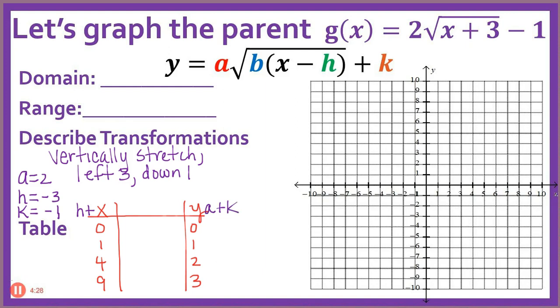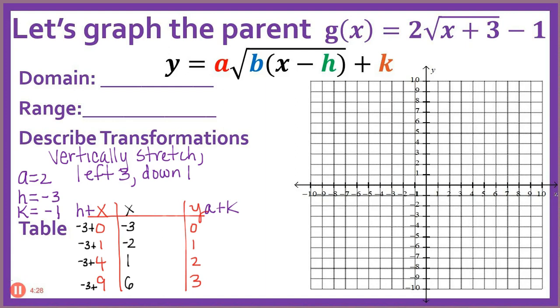So when h is negative 3, I'm going to add negative 3 all the way down to all 4 of my x values. And when I do that, my new x values are transformed and they become negative 3, negative 2, positive 1, and positive 6.